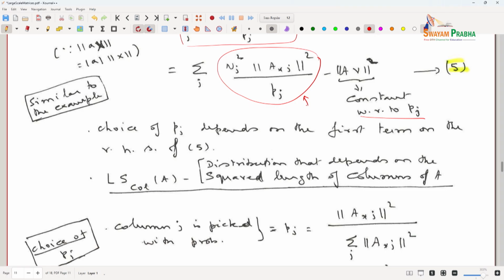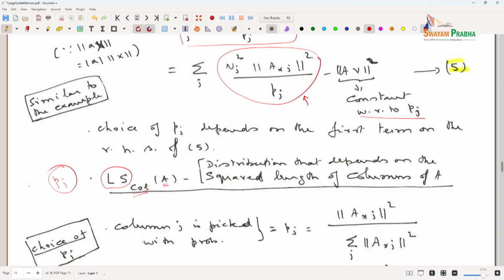Therefore, I am going to talk about the column selection, the distribution that depends on the square length of the column of A. So, this length squared of the column of A is the distribution that is going to decide Pj. So, the choice of Pj depends on the first term on the right hand side.